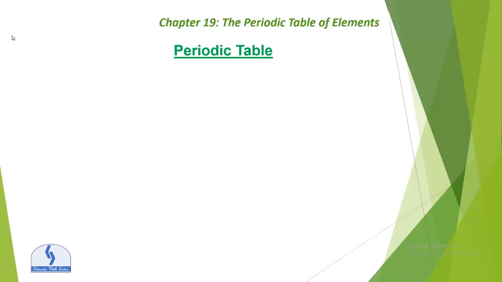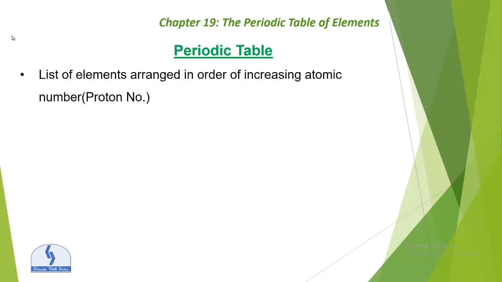Periodic table. It is a list of elements arranged in order of increasing atomic number, or we can say proton number. The periodic table is divided into two things, that is periods and groups.